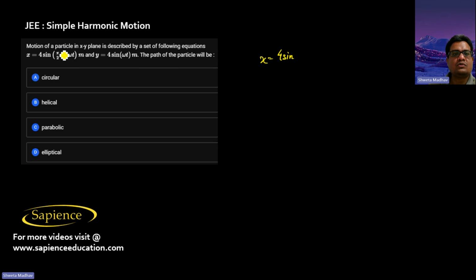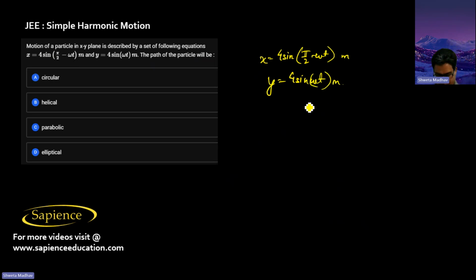It is told the motion of a particle in the XY plane is described by the following equations. The path of the particle will be? x equal to 4 sine(pi by 2 minus omega t) in meters, y is 4 sine omega t in meters.